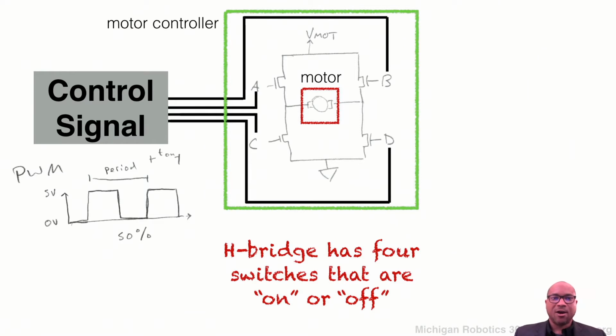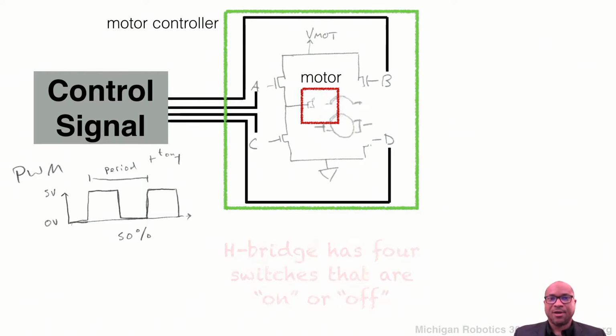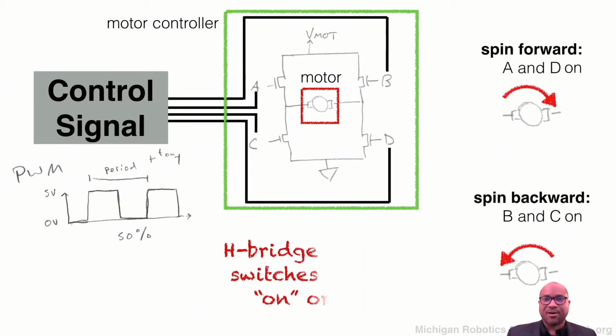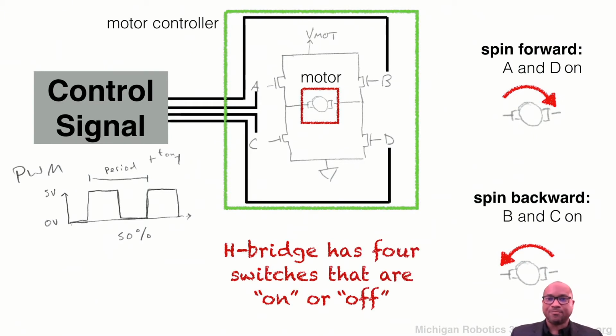And then depending on which combinations of those switches are given to be on from the control signal, that determines the behavior that the motor will actually produce. So for instance, if we turn on switches A and D, that will produce a forward spin of the motor.